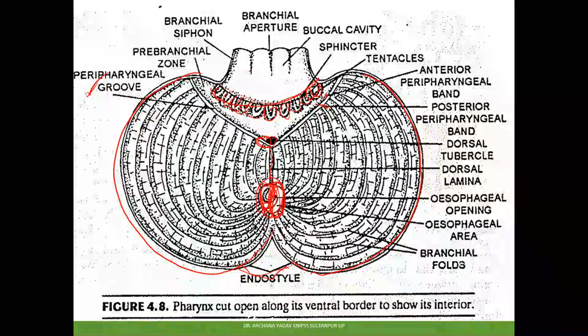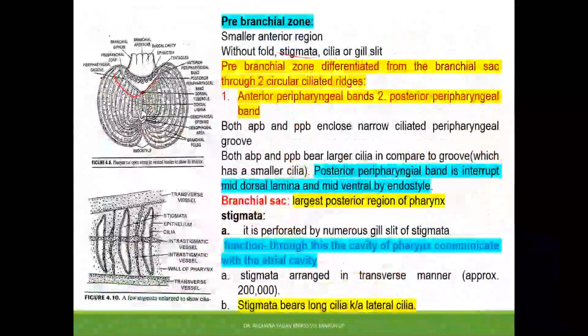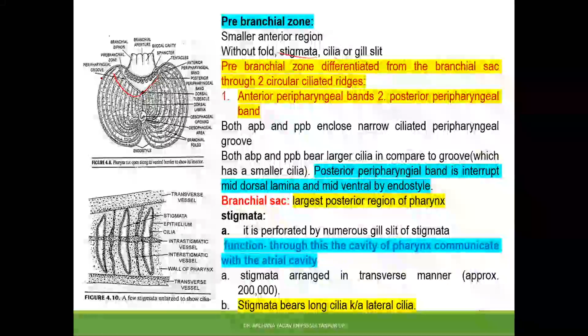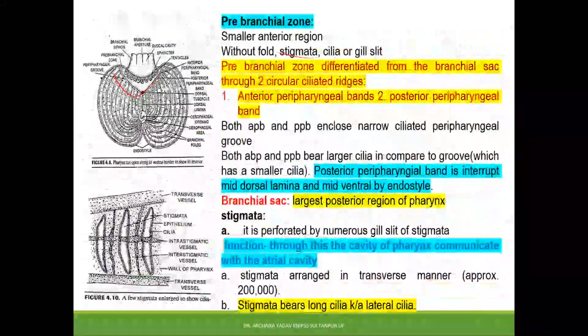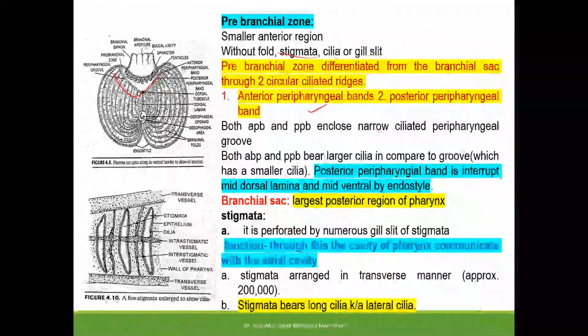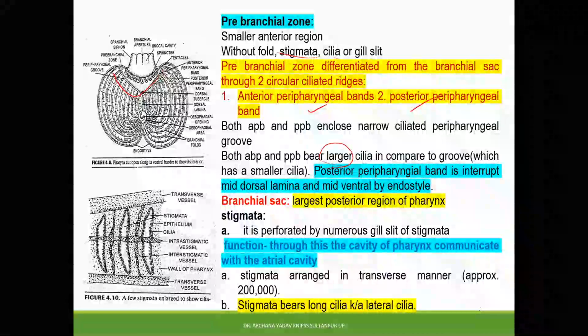The cilia of the peripharyngeal groove are smaller, and the cilia of the anterior peripharyngeal band and posterior peripharyngeal band are larger in size.